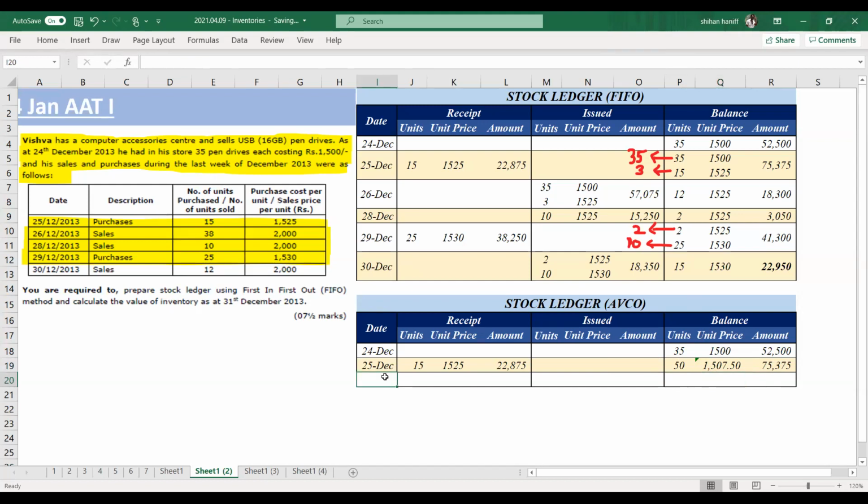Then we are selling 38 units. For the price, you have to take the average price. Then if you multiply, the remaining stock is this. Price will be the same.